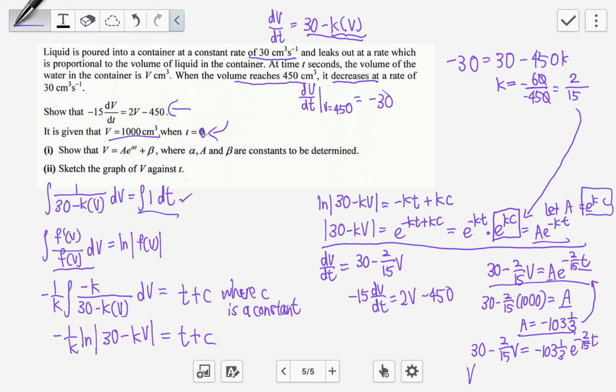So for v, I will multiply everything by 15.